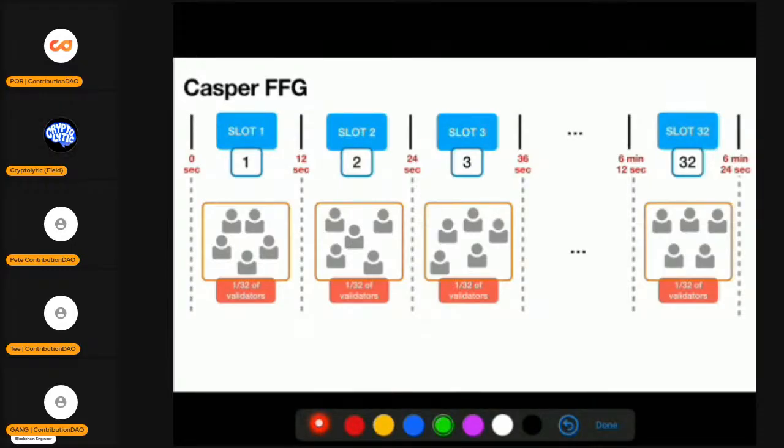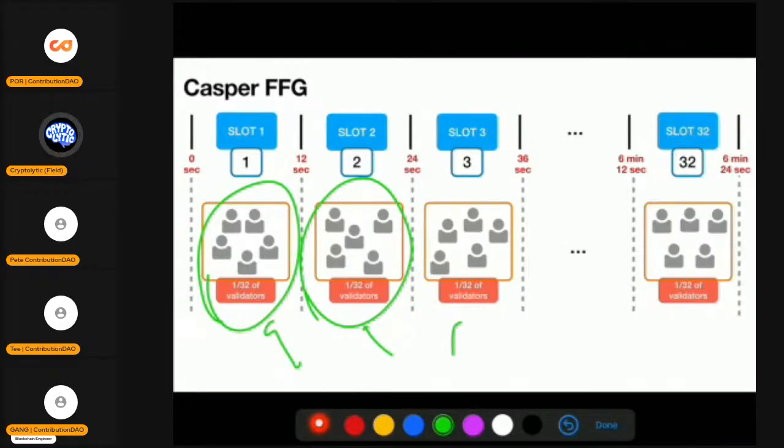As mentioned, a validator gets randomly assigned to each slot, and each slot will contain about 1/32 of the validators. In the real operation, this group of validators is further divided into committees, but I'm not going to talk about it here because it might make our lecture more complex.